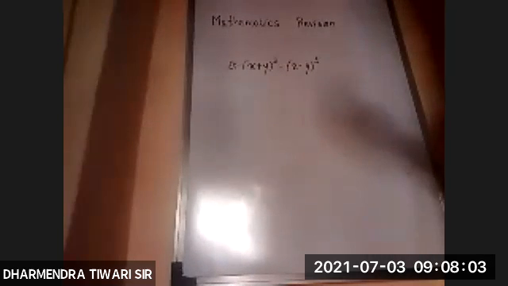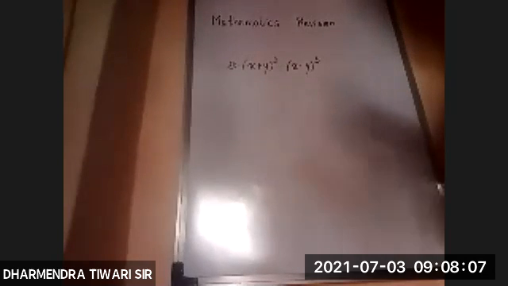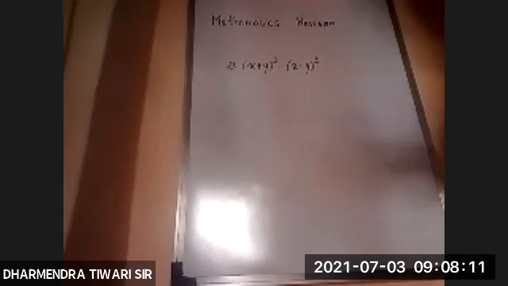Means here in this case, you need to apply the formula for both together. And the terms which get cancelled and the terms which do not get cancelled are the answer for the given expression. Let's see.